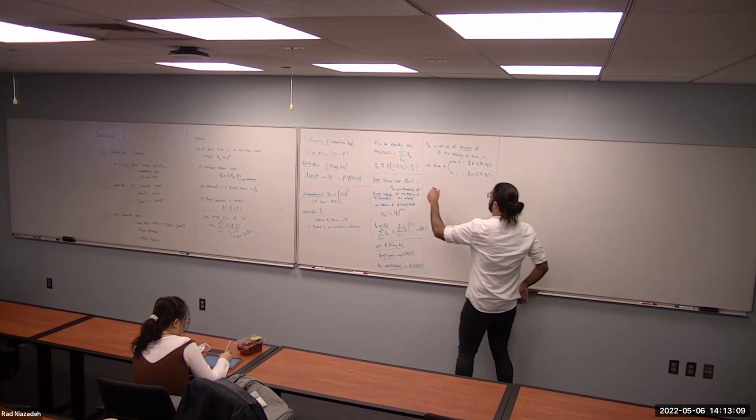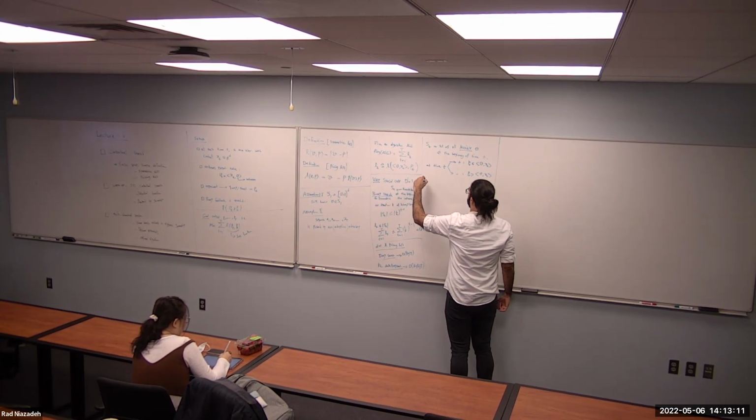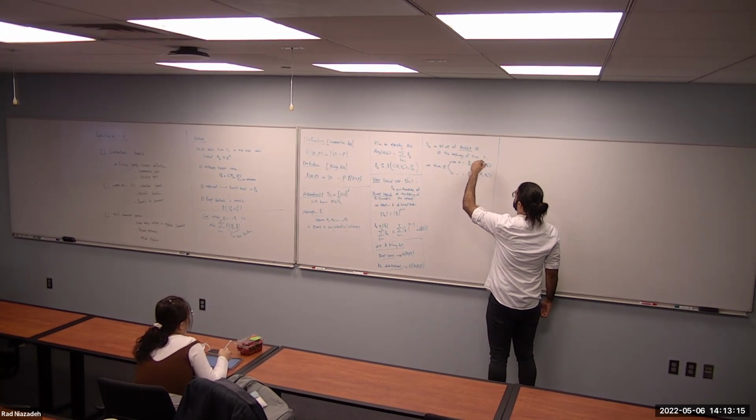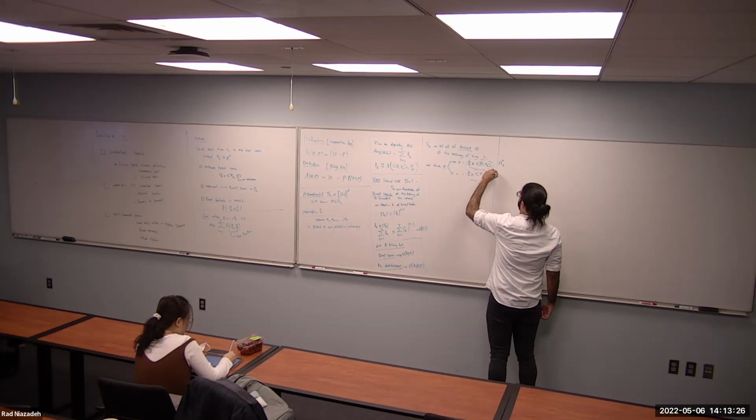Right? So basically at each time t, let's define this half space to be h plus t, and this half space to be h minus t.